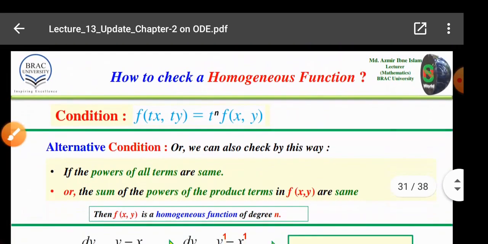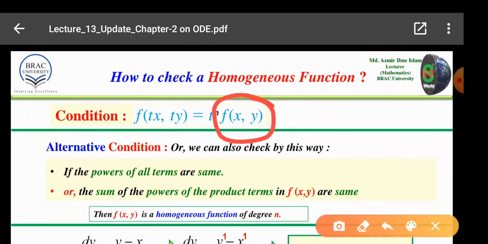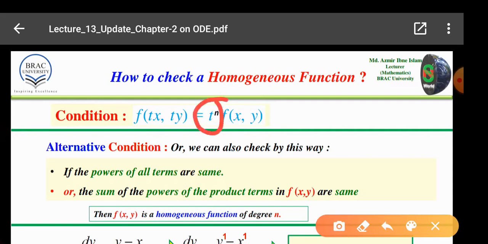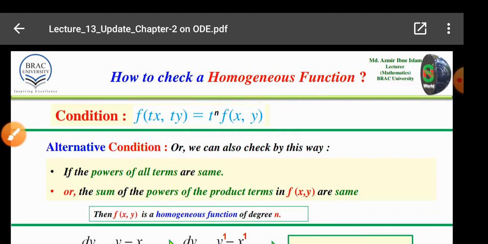A function f(x,y) will be homogeneous if, in the place of x we input tx and in the place of y we input ty, where t is any constant, and we get t to the power n times the main function back. Then that function f(x,y) is called a homogeneous function.